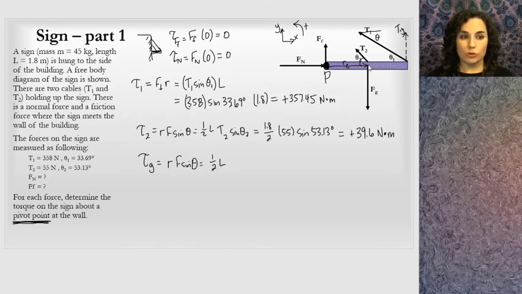For any uniform object, we assume that the center of mass is in the center of the object. It's a uniform object. And that's where the force of gravity goes on an extended free body diagram. So the force of gravity is at half of the length. That's where it's located. Force of gravity is mg.